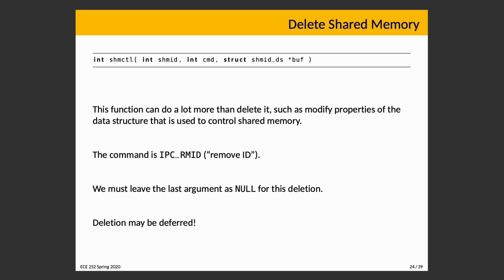Given a shared memory ID and the argument IPC_RMID, or remove ID, however you want to pronounce that, and you leave the last argument, the buff here, as null, that sets up the shared memory segment for deletion. But deletion might be deferred.